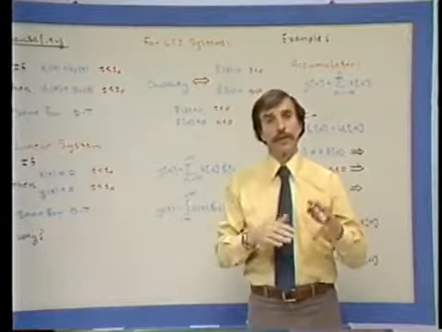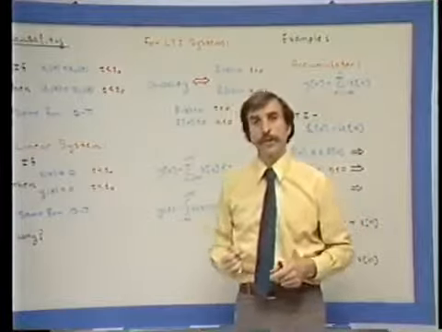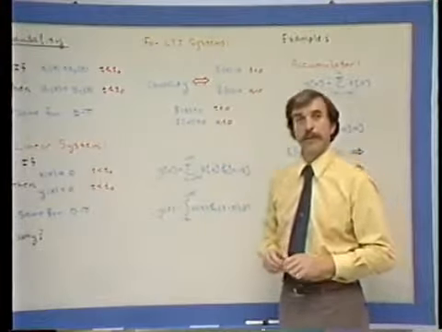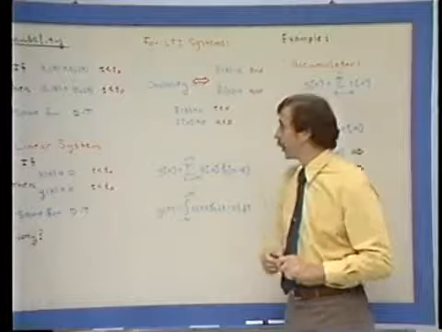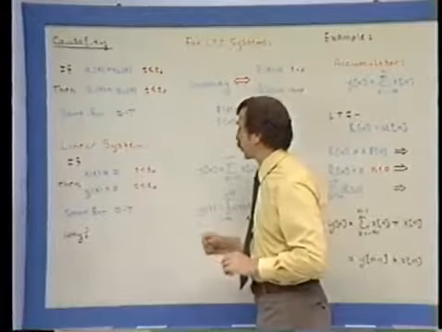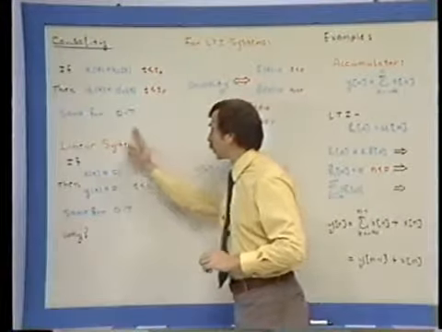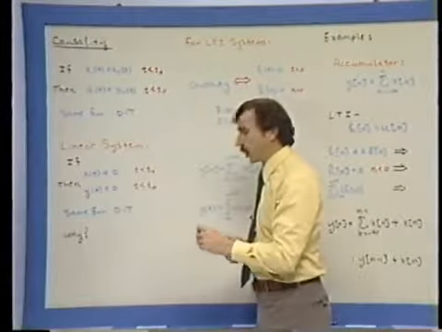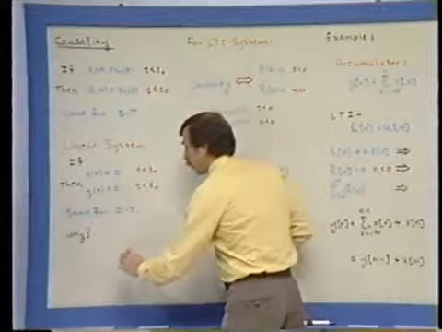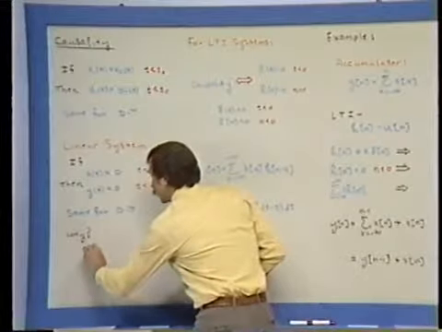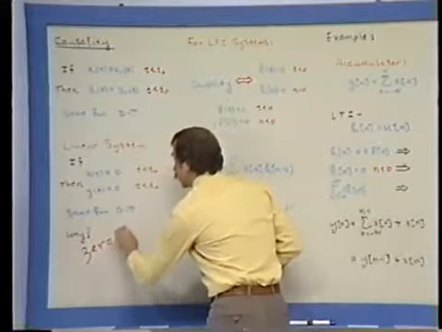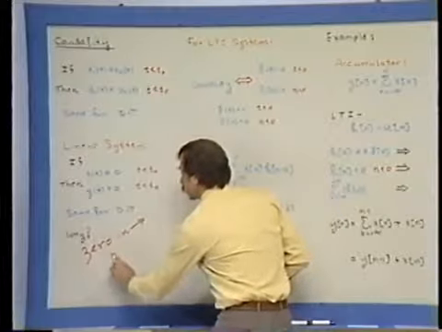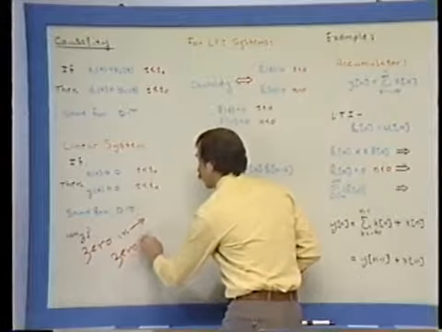This follows the principle that if two inputs are identical up until some time, the outputs must be identical up until the same time. So this basic result for linear systems is essentially a consequence of the statement that for a linear system, 0 in gives us 0 out.